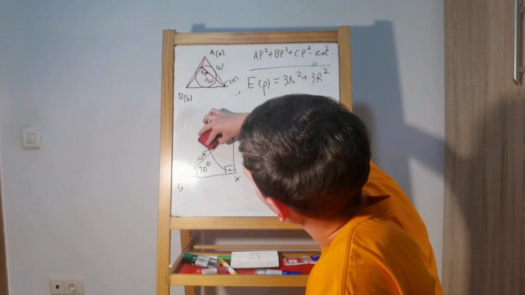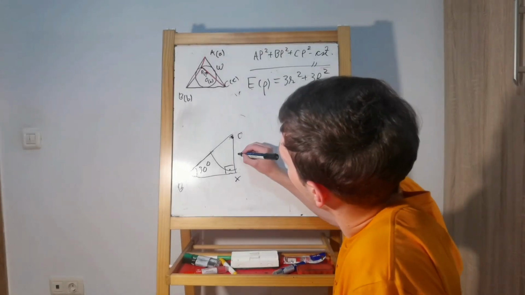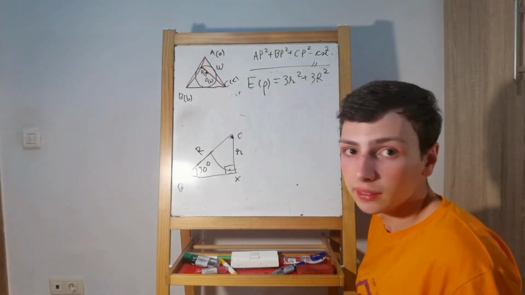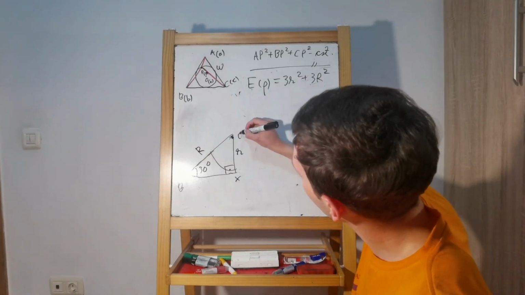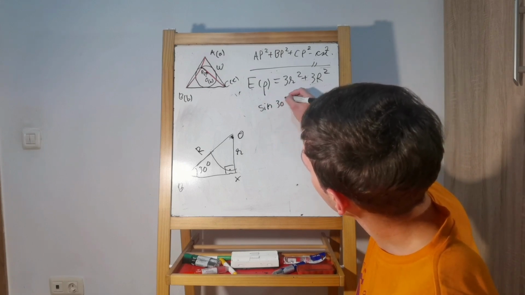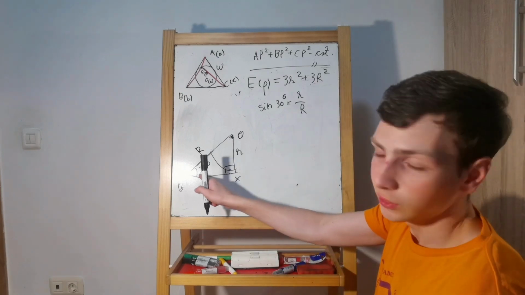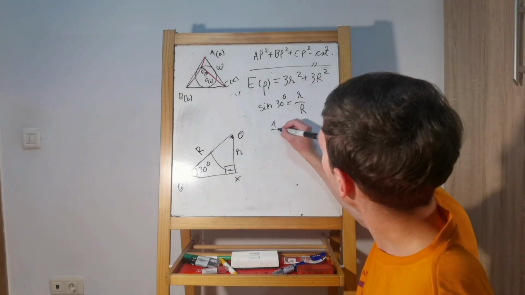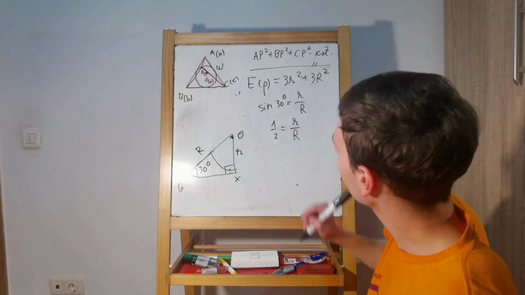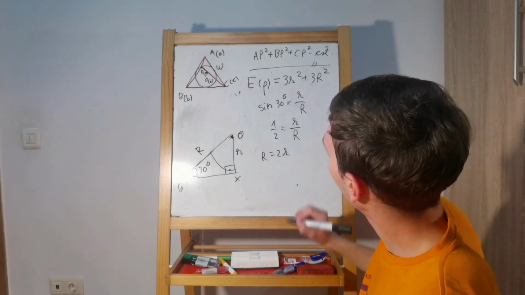We are left with this nice triangle with small r here, and this would be big R. And since this is a right triangle, we have that sine of 30 degrees is small r over big R. But sine of 30 degrees is a half. So a half is equal to small r over big R, and that means that big R is equal to 2 times small r.